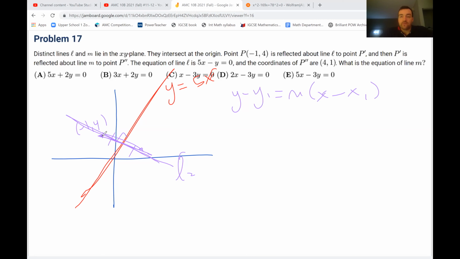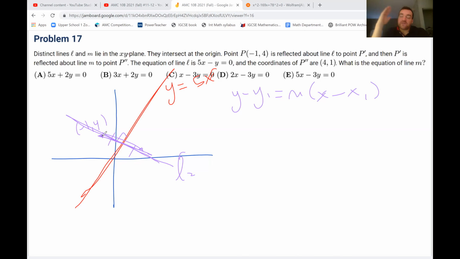It basically comes from the slope formula, m equals (y2 minus y1) over (x2 minus x1). If you let x2 and y2 be any random point on the line, they're just x and y, and that's where this comes from.